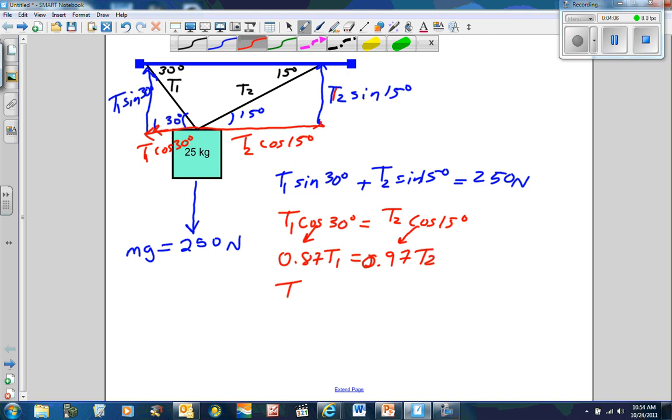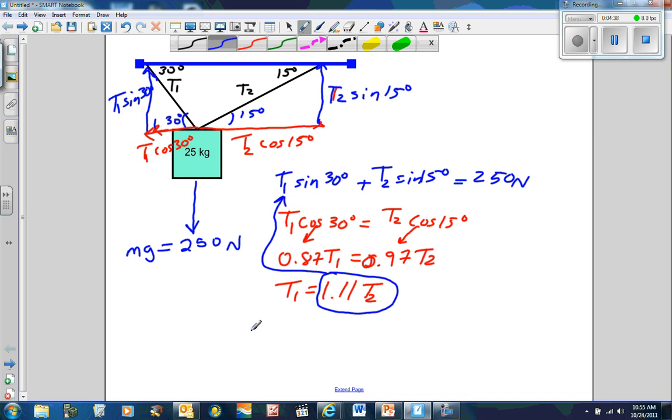So T1 is going to equal 0.97 divided by 0.87, and it's going to be 1.11 T2. What we're going to do is take this right here and substitute it up in the blue equation where we see T1, which is going to be right there.